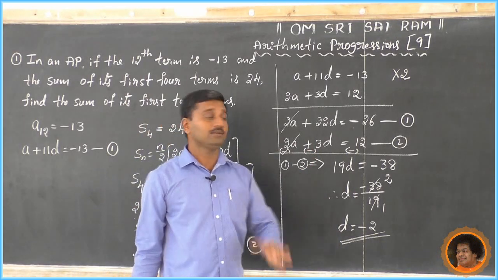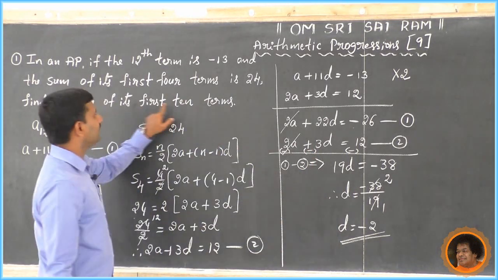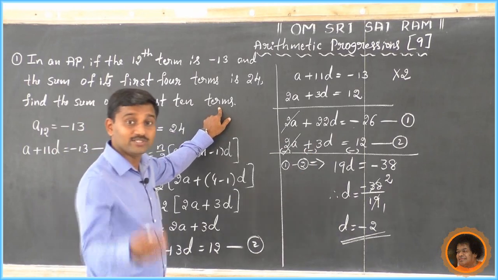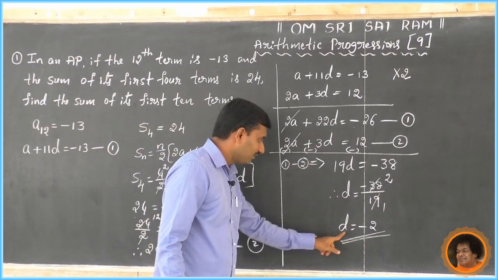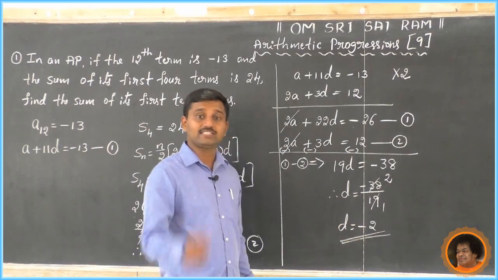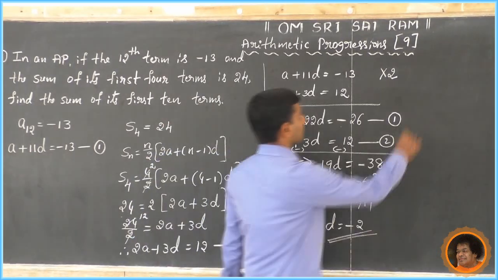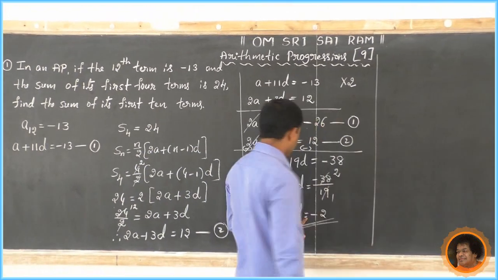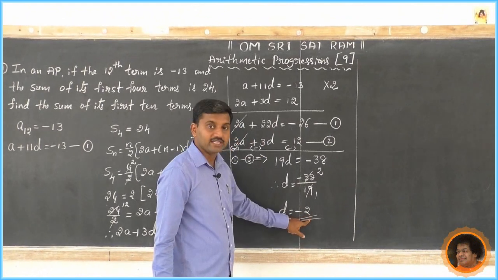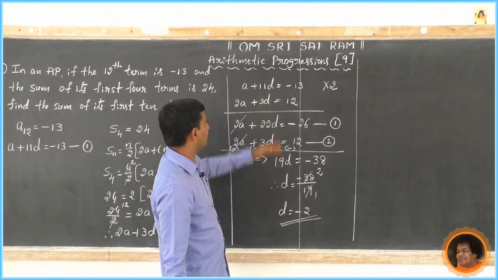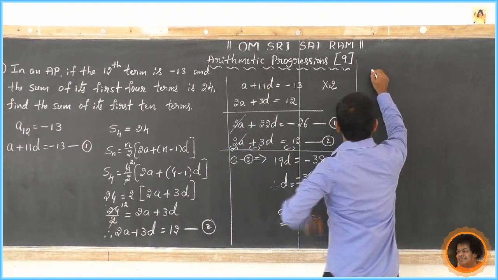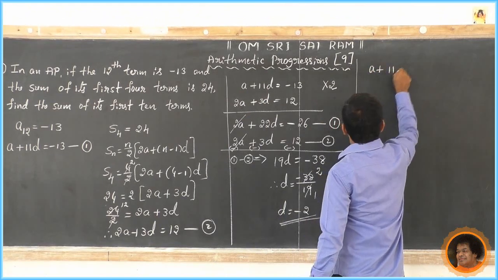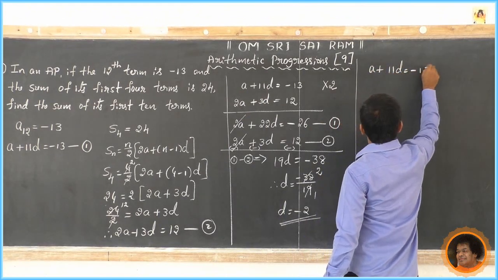What is the question given? Find the sum of its first 10 terms by using the formula Sn. So here the d value is minus 2. Next, how to find the value of a? For the value of a, substitute d equal to minus 2 in any one of the equations. The simplest is a plus 11d equal to minus 13.